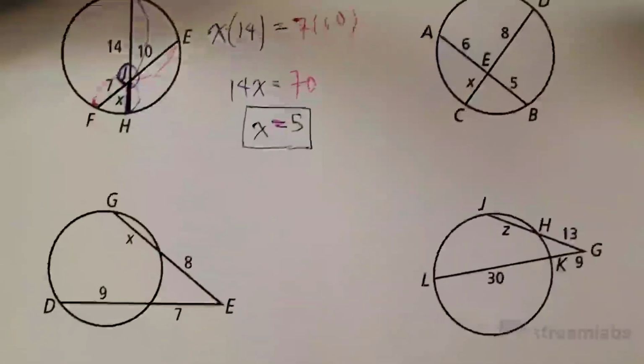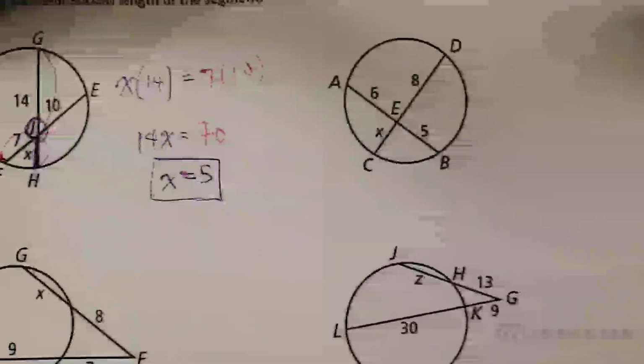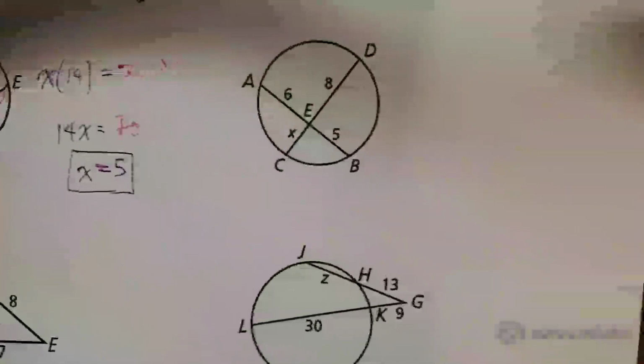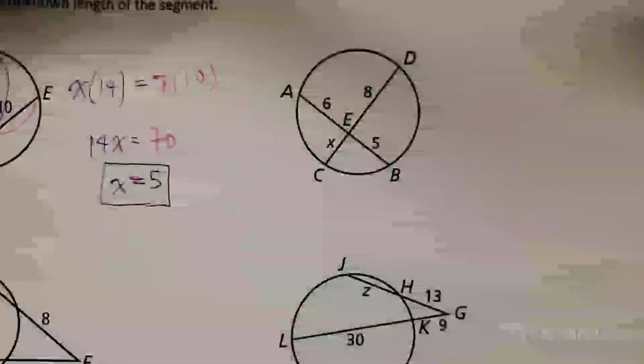Okay. How about you do this one first? I want to make sure that you can at least apply the theorem real quick. This shouldn't take too long. All right.